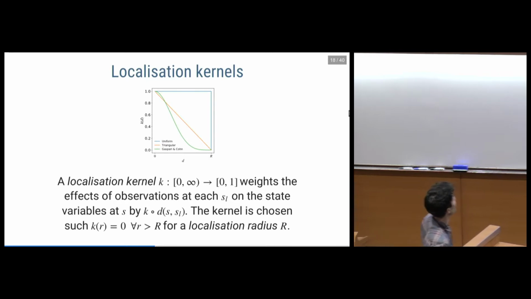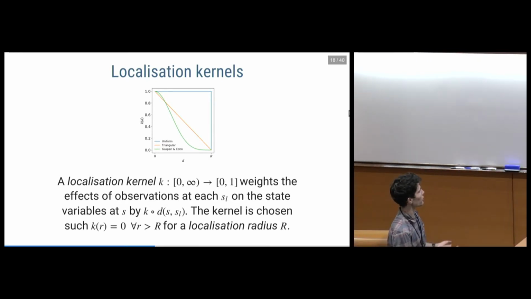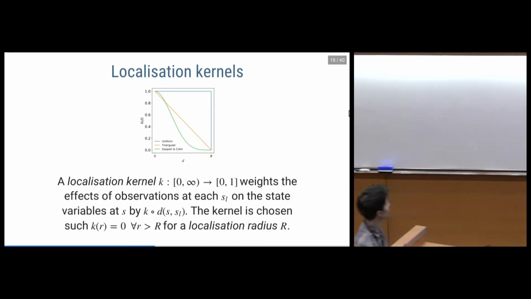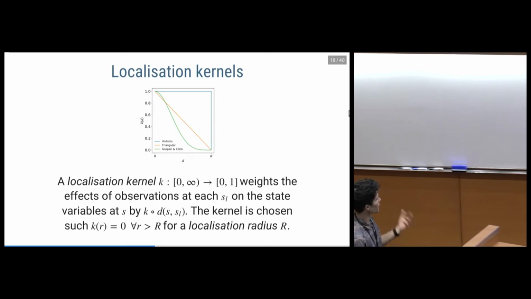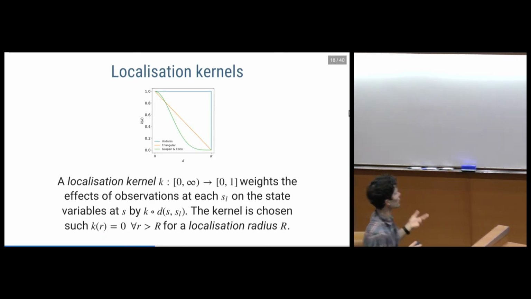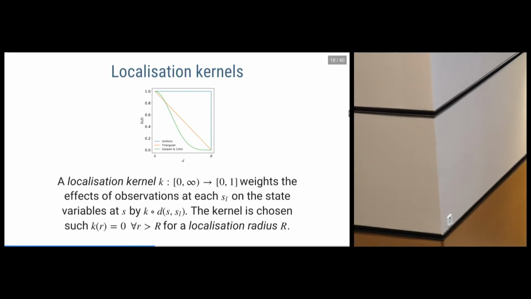There are different ways of applying that in the ensemble Kalman filter. We can use this to taper a covariance matrix, the observation covariance matrix, or we can also do things in a pair observation setting where we just look at some limited spatial domain around each observation.